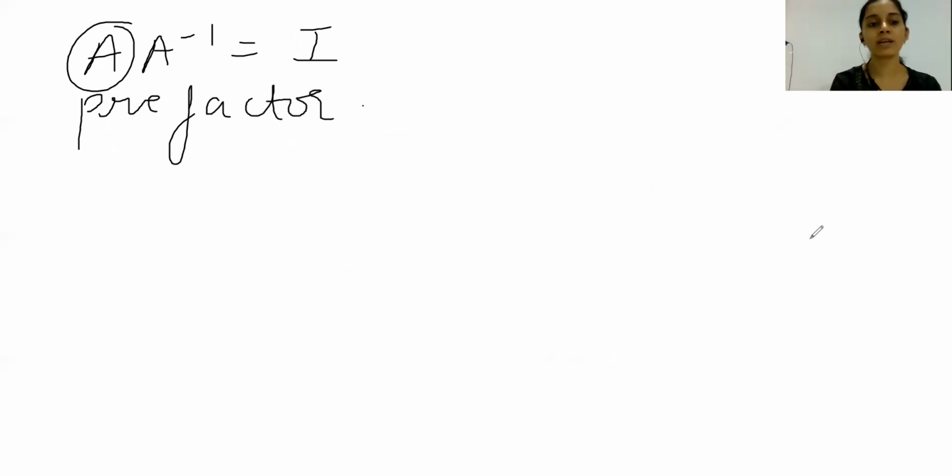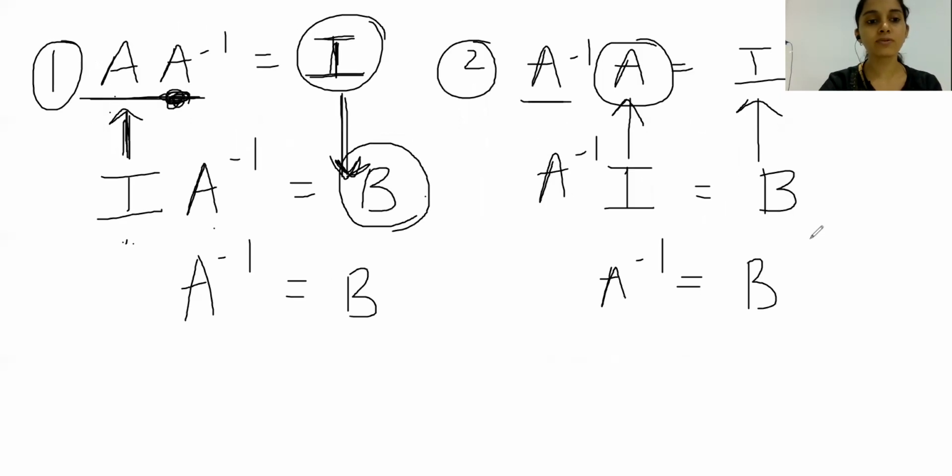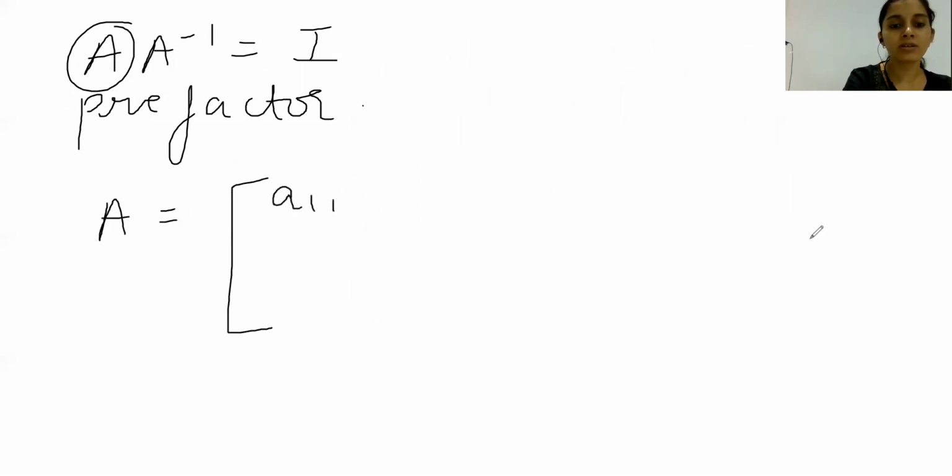So how will we apply these row transformations? We have to convert A into an identity matrix by applying row transformations. Let us say that A is a 3 by 3 square matrix, and the elements are denoted in this format.